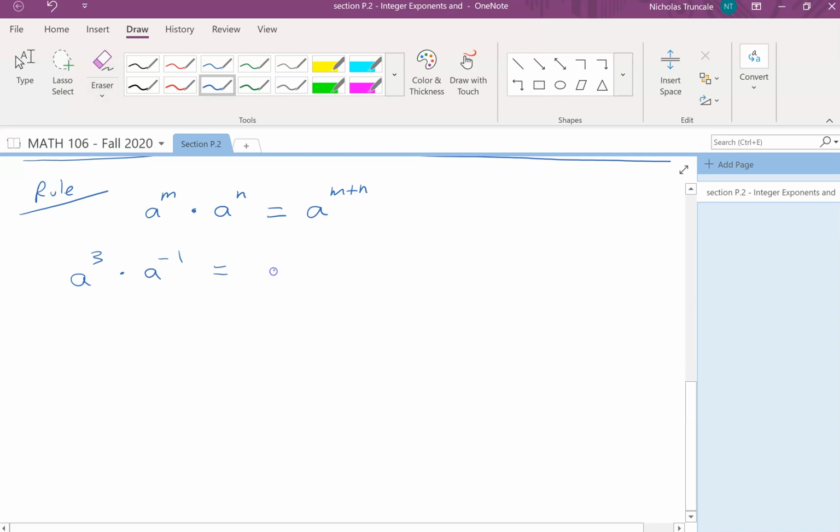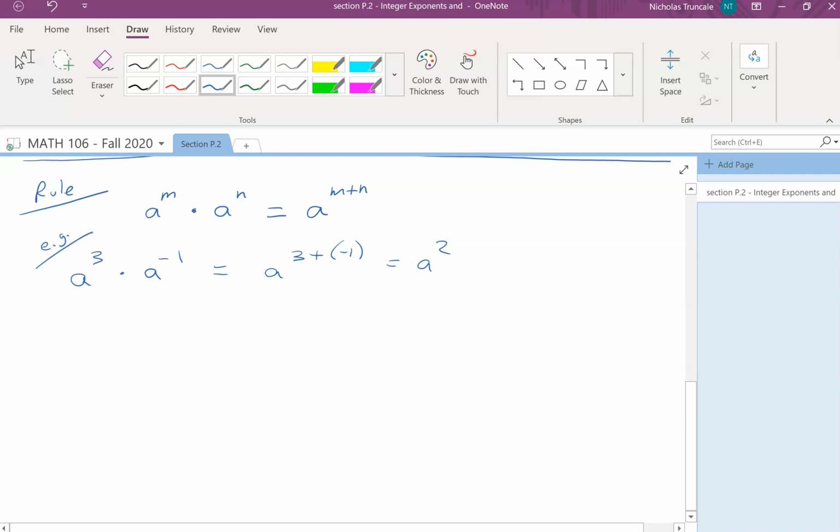So I add them together. Now, if you don't have to do these steps, but if you're going back to these notes, that's really what I'm doing, right? I'm doing 3 plus negative 1, and I get A squared. So hopefully that won't be too difficult. Now, that's example 1.